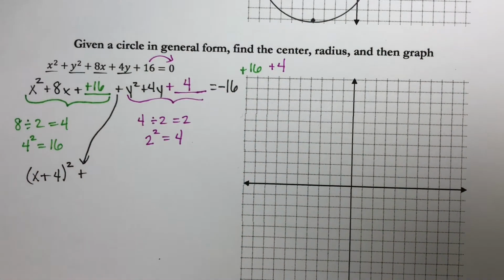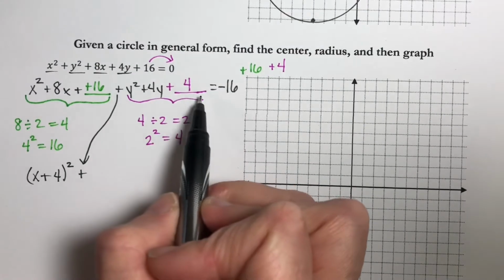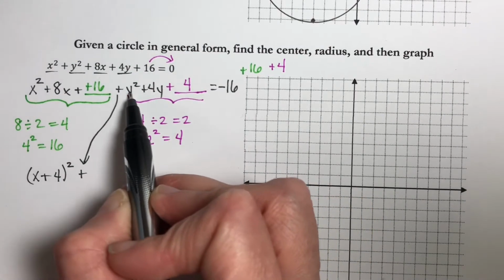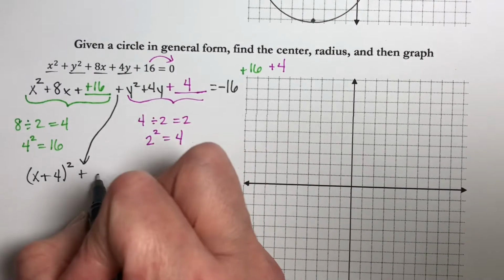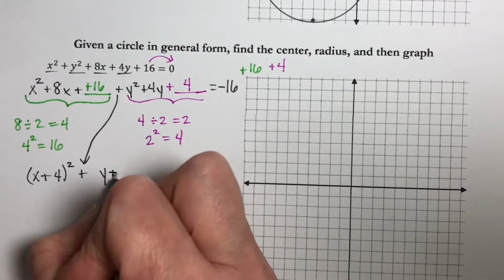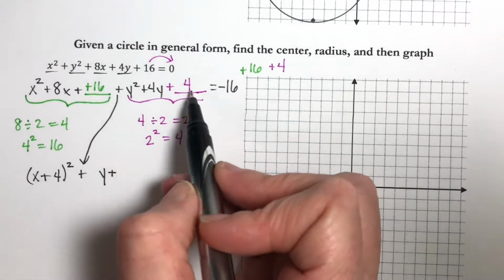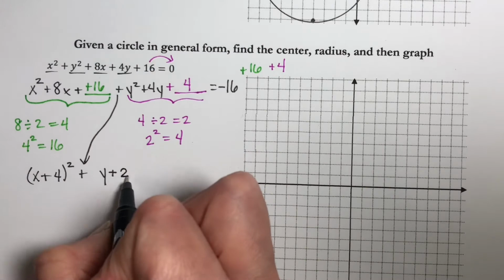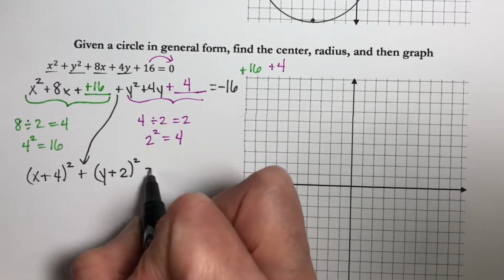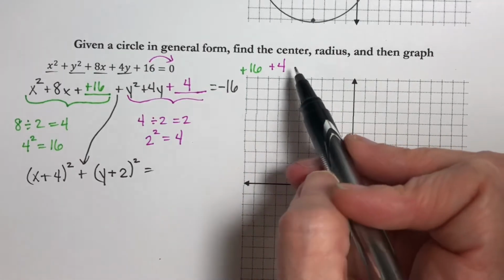Now this part is also a perfect square trinomial, so we factor it by taking the square root of y squared, which is y. This is a plus, so this is a plus. Then take the square root of 4, which is 2, squared, is equal to.